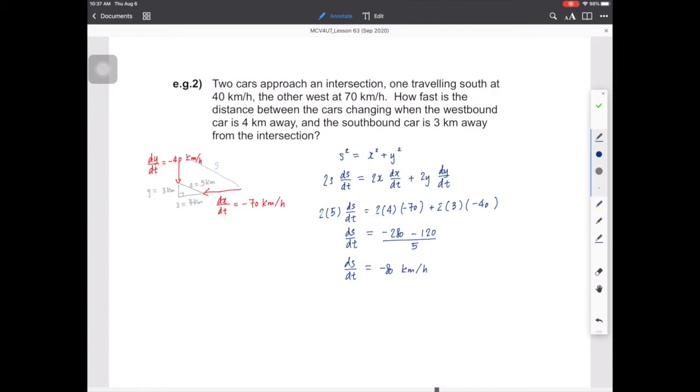The negative shows a decrease. But how come I use 3 and 4 positives when I sub in x and y? Well, that's because the position of the first car is 4 kilometers to the east, right? The positive direction from the intersection, and 3 kilometers north of the intersection. So that's why 4 and 3, they are positive.